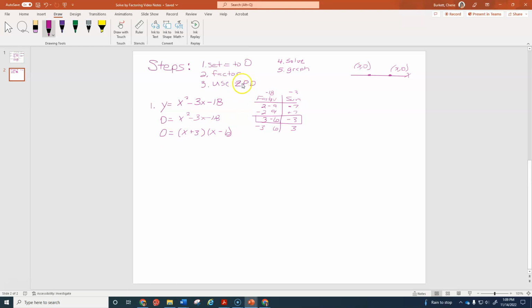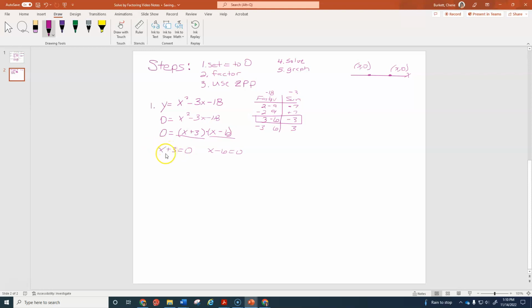Since these two things are being multiplied together, because that's the symbol right there, and the 0 is the answer, then it might be the x plus 3 number, it might be the x minus 6 number, but one of those is equal to 0. So we set them both equal to 0, and then we do step number 4 up here, which says solve.